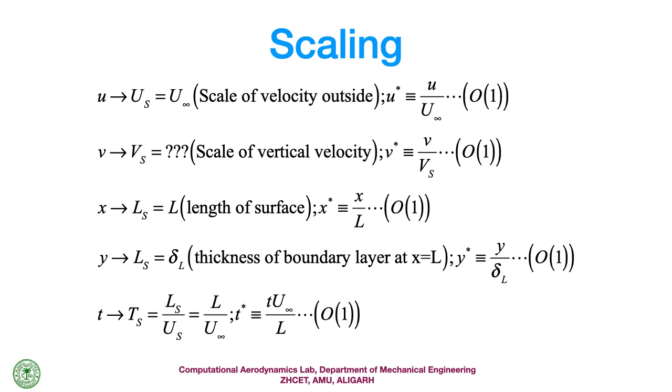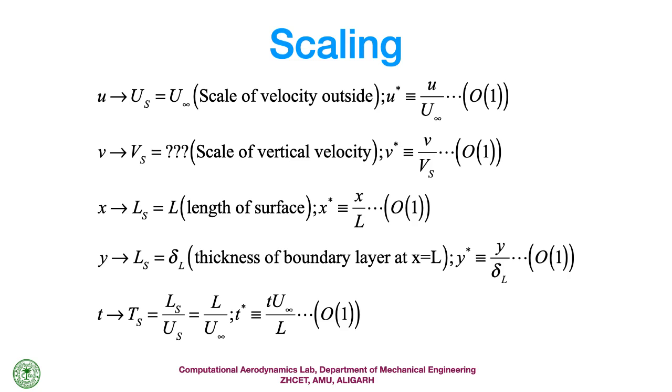That means for every direction of the velocity we did not use different scales, nor did we use different scales for the directions. Here, the length scale for the x direction is L, but for y, instead of L, we are using delta L. Similarly, we are not using the same scale for the v velocity as for the u velocity.